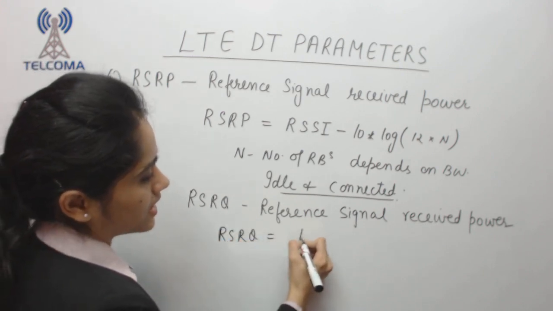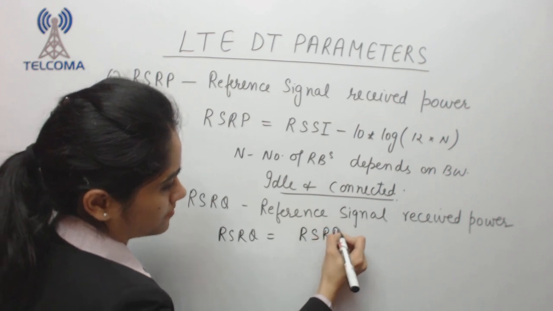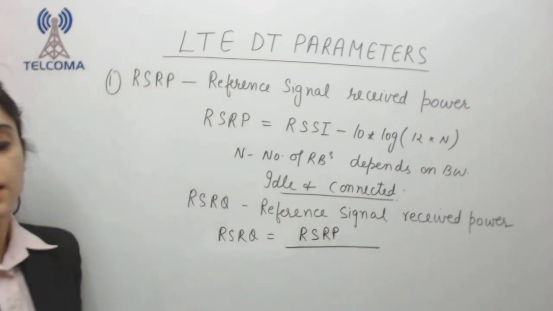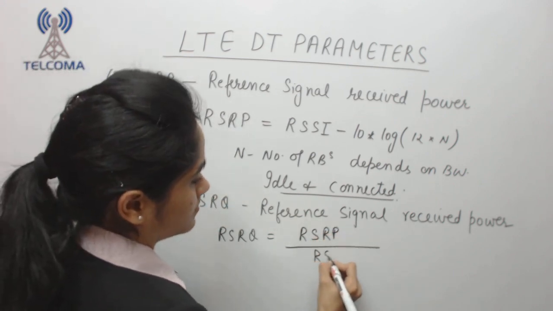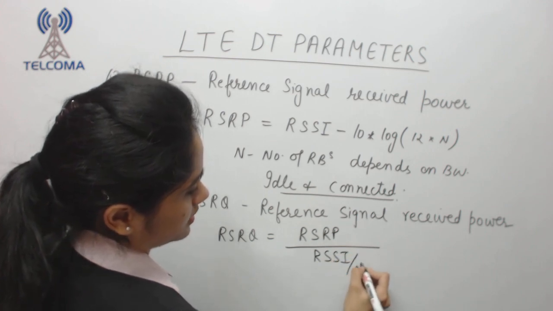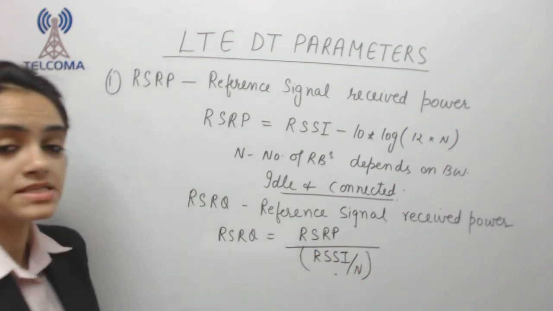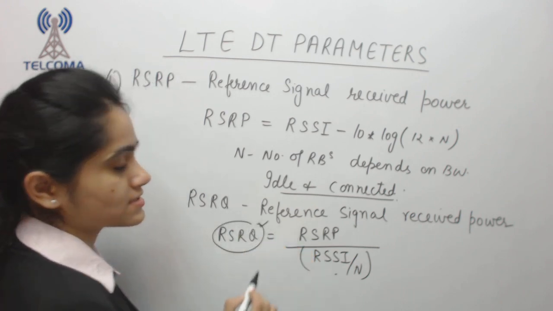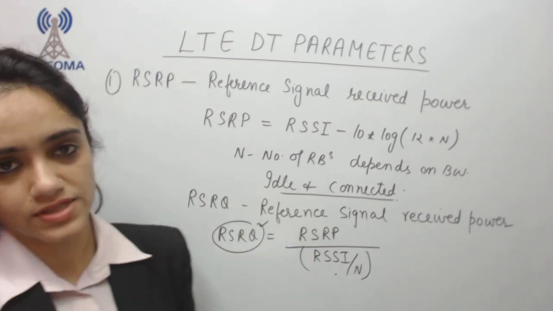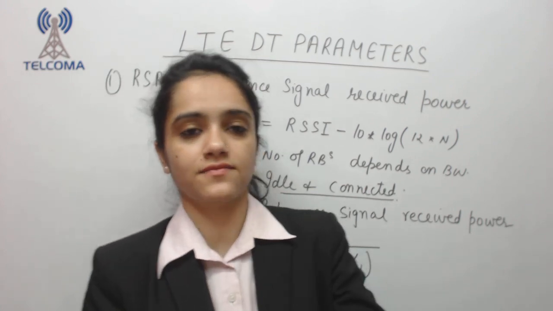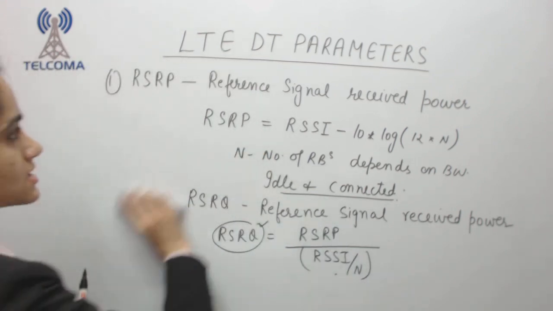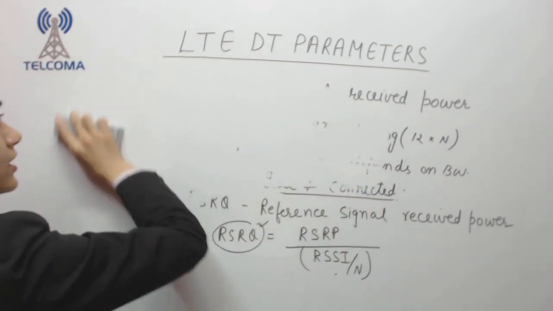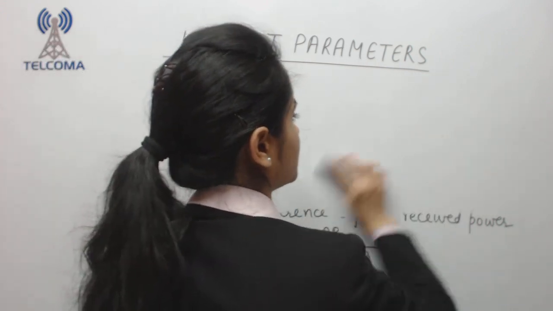RSRQ is directly proportional to RSRP, and is measured on RSSI divided by N. That means the more RSRP we have, the more RSRQ we will receive. That means it shows the quality of the signal that we are receiving. This is the second parameter for drive test.